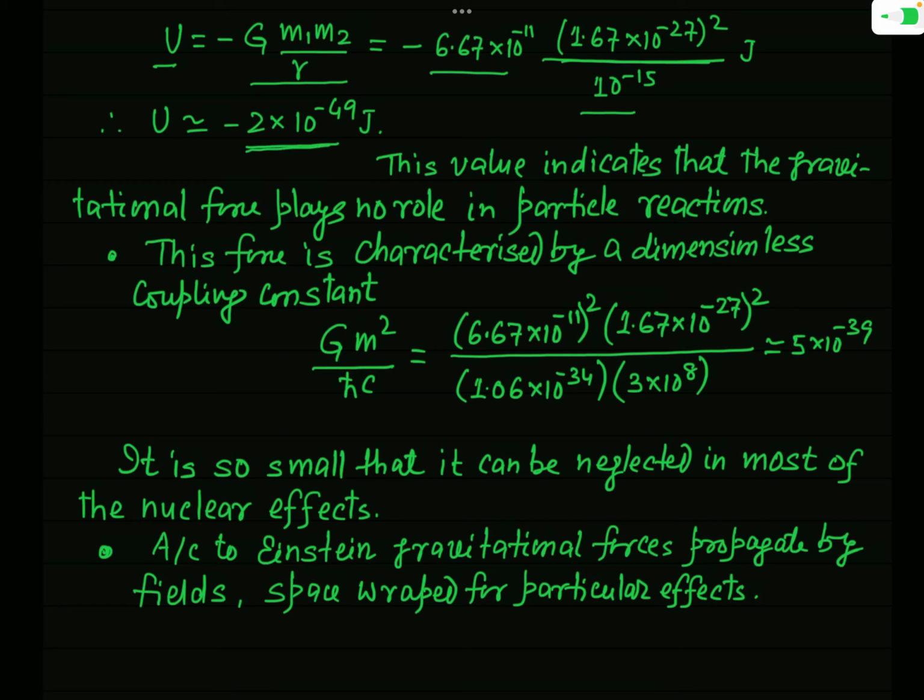After seeing this value of potential energy of a system of two nucleons inside a nucleus, what do you think? You can see this value of potential energy is very low, very small. And so if we want to break the system of two nucleons, or separate the system of two nucleons, and only gravitational force acts between them, then we have to supply only an amount of energy from outside, which will be 2 into 10 to the power minus 49 joule.